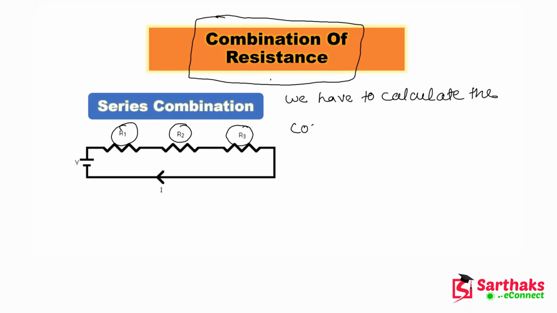the combined resistance of the circuit. So basically, if I remove all these three resistances and, in place of them, connect a single resistance R, then what will be the value of that resistance R?